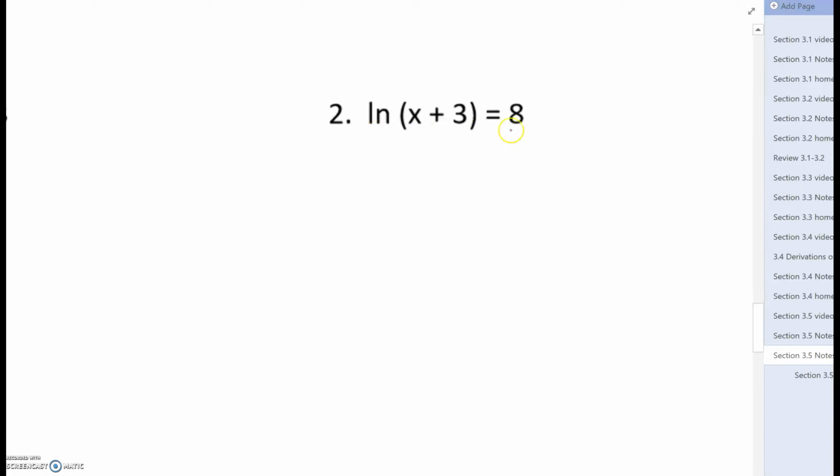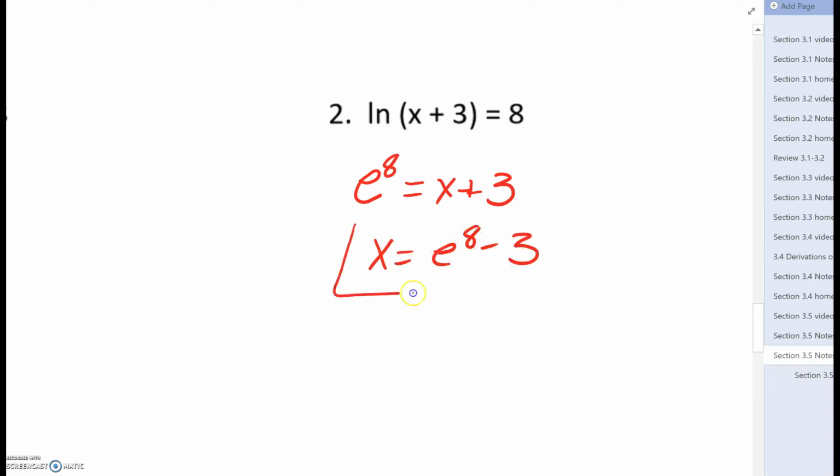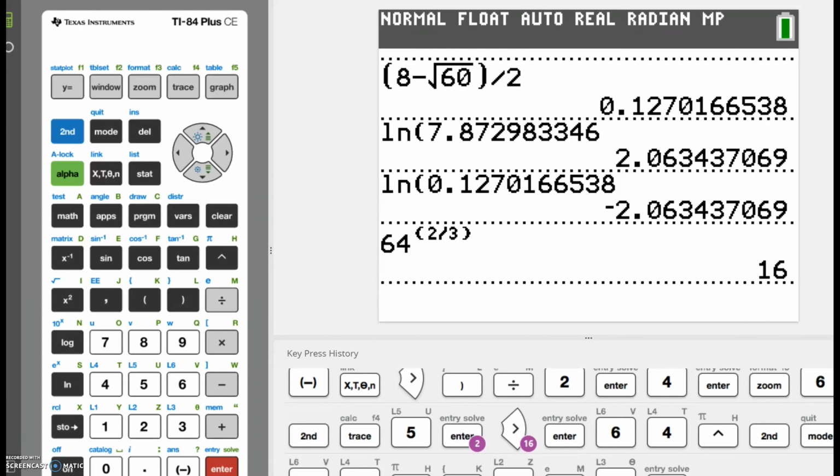Over here, log equals value, so you'll have to change it to an exponential. Remember, the base of the natural log is e, so we're going to get e to the 8th equals x plus 3. Subtract 3 from both sides, so x is e to the 8th power minus 3. You can just leave it like that if you want to, or depending on the situation, you may need a decimal approximation.